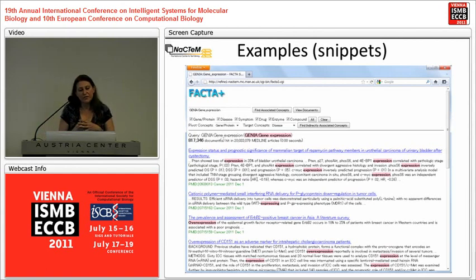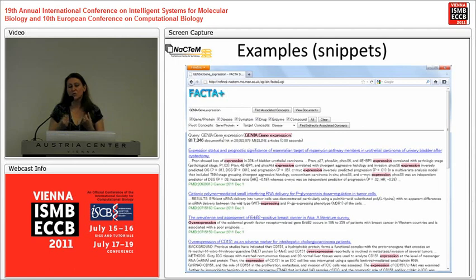Now, I'm sorry we don't have Wi-Fi. I cannot actually show you the demo live because it would have been better. But a screenshot of that, if you are, for instance, here, you look at FACTA, the gene expression, you're extracting triggers like expression, overexpression, and so on.